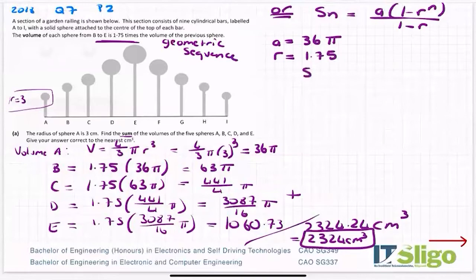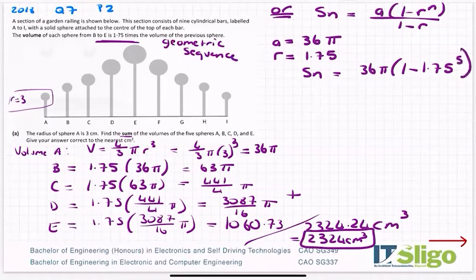So let's put that in. That is 36 pi times 1 minus 1.75. I am summing A to E, so I have 5 spheres. That's why n takes on the value 5. And strictly speaking, I would have S5 over here, which is the sum of the first 5 spheres.